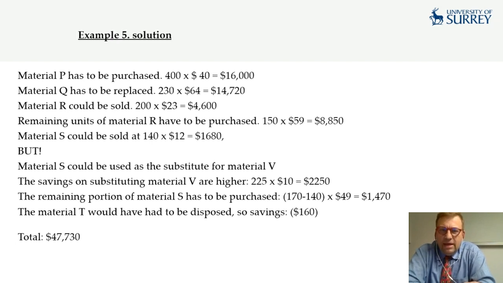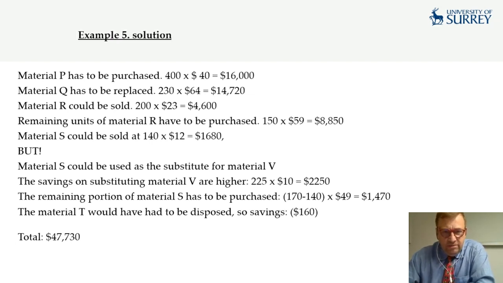We value it at this substitution cost, because then the substituting cost is higher, it represents a higher figure. So in fact, we have to value our 140 units of material S at the substitution value of material V, therefore 2,250.